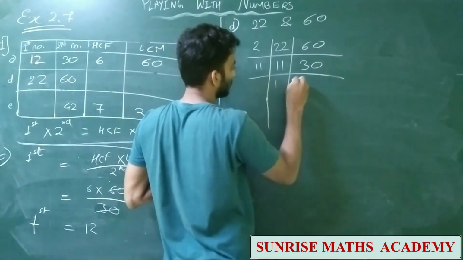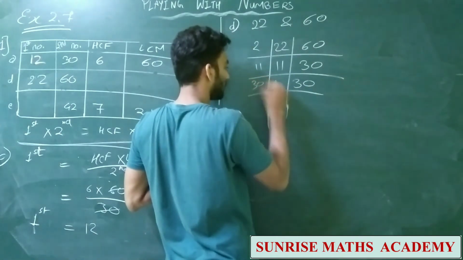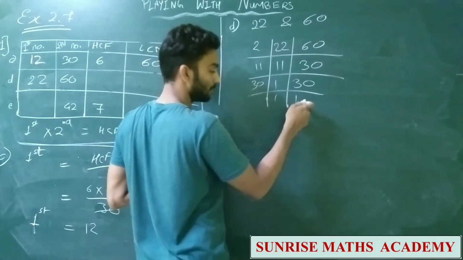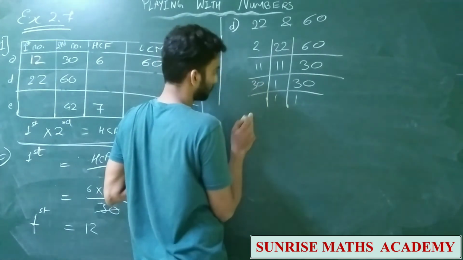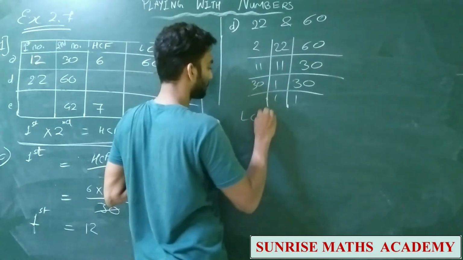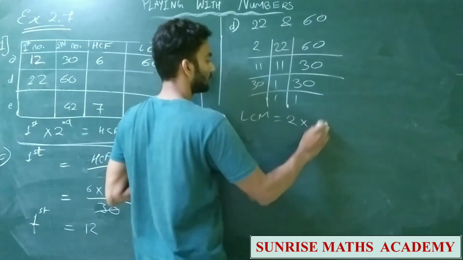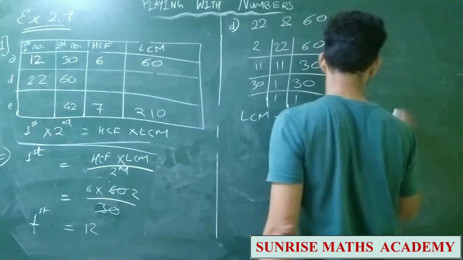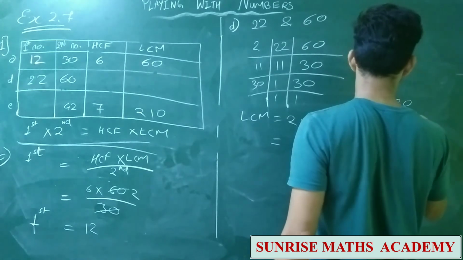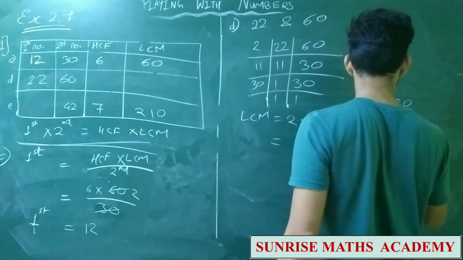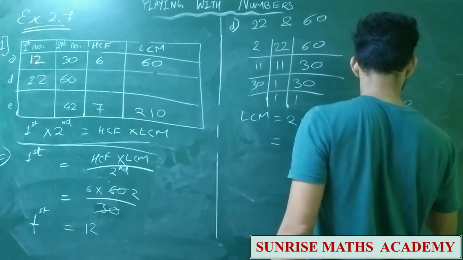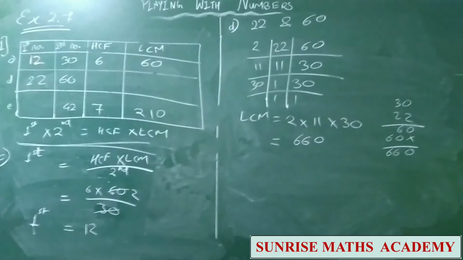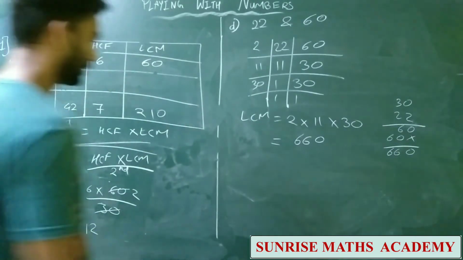So this is 11, and then this we can directly take 30, because even if you divide it by 2 then you get 15, then you divide it by 3, so it is going to be the same. So we can directly take this. So LCM is 2 into 11 into 30. So it is actually 30 into 22. LCM is 660.